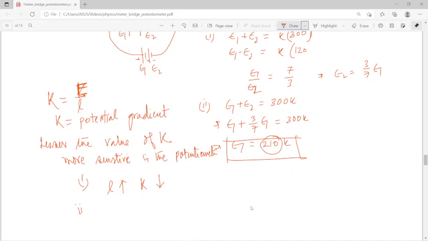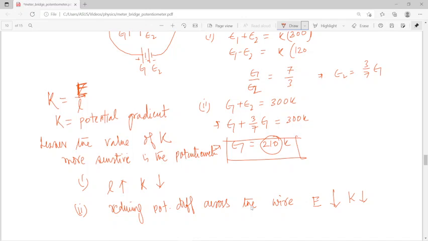The second way is reducing the potential difference across the wire. That means if E is less, then K is less, right? So that is the way you can think of it.